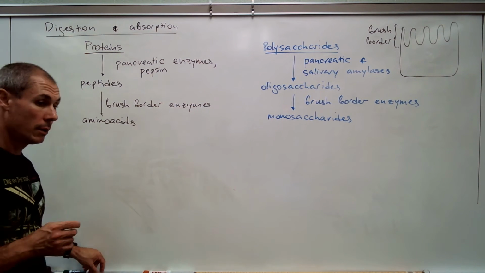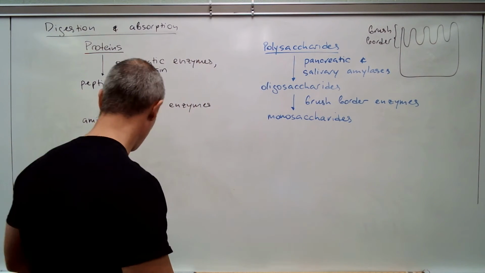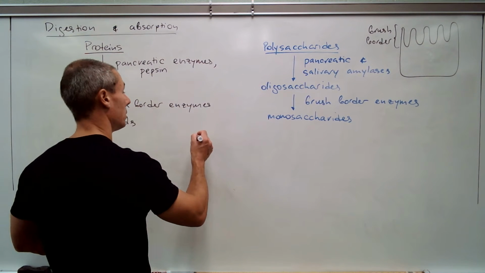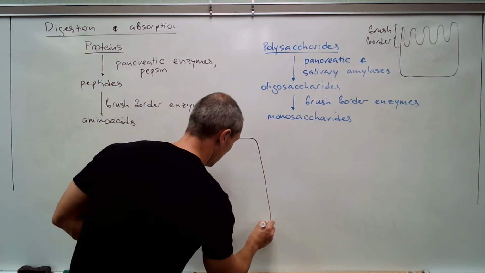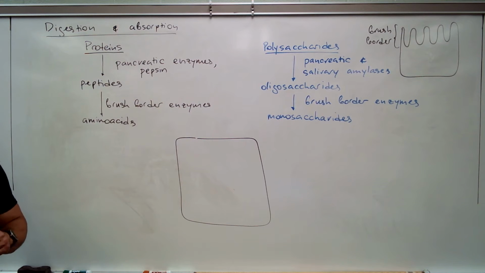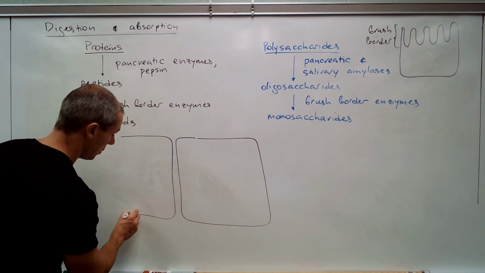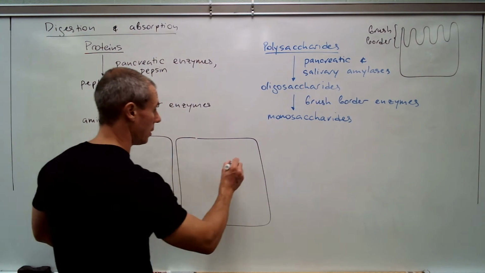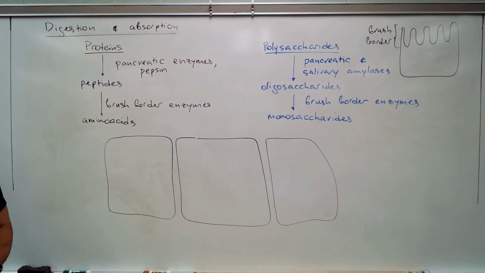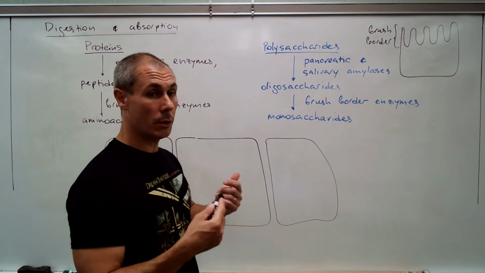Okay. Next idea that we're going to talk about will be how do we absorb these nutrients, monosaccharides and amino acids. And to answer this question, I'm going to draw schematics here. So check this out. This is the layer of epithelial cells in the intestine. Okay? Does that make sense? Now, what is the ultimate goal?